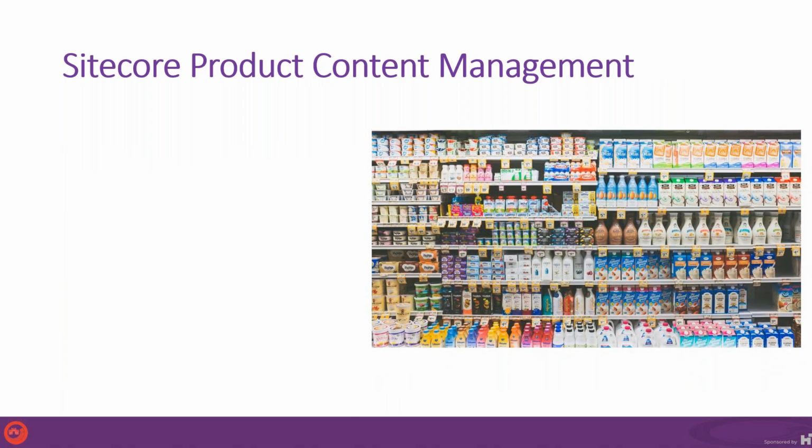So the next one is Sitecore Product Content Management, which is also part of Sitecore Content Hub. In e-commerce applications, you will be maintaining product details in a different system like PIM or ERP, right?